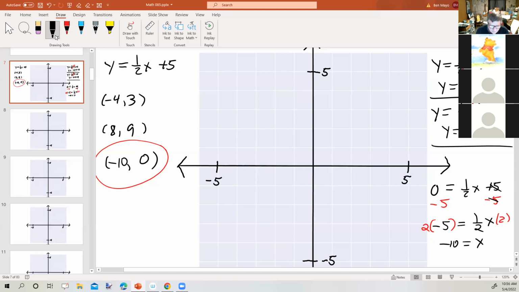Or I could switch to a different screen. I'm going to switch to a different screen. Okay, so hold on. We're going to take this information, which I'm going to write down here: y equals 1/2 x plus 5, (-4, 3), (8, 9), and (-10, 0).